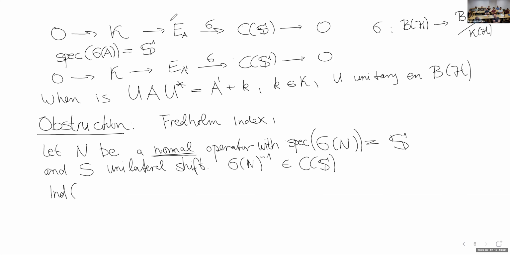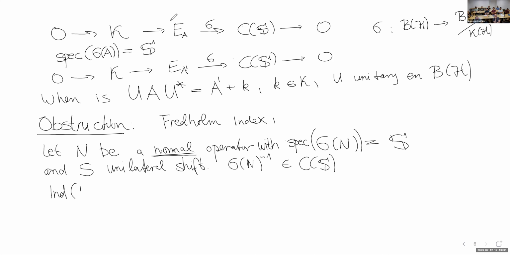Are you assuming that sigma of N is invertible? It is, because the spectrum is S1 and that's not 0. So we have an invertible operator, so it is a Fredholm operator, it has an index. It's not an assumption, it comes from the spectrum. But N need not be invertible. Exactly.